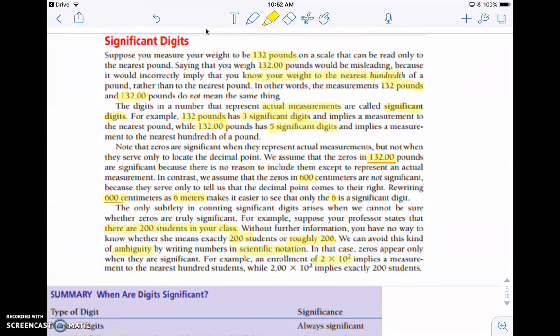However, if someone were to write 2.00 times 10 to the second, that implies exactly 200 students, because the 2.00 gives us 3 significant digits, meaning we want to be accurate all the way down to the ones position. And so this idea of significant digits will help us in dealing with uncertainty, accuracy and precision.